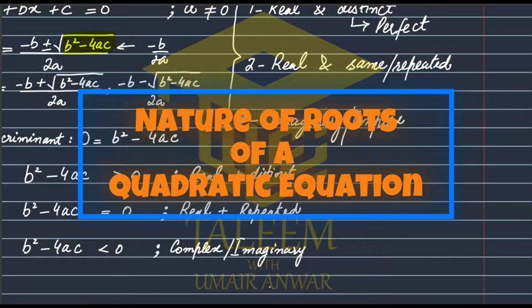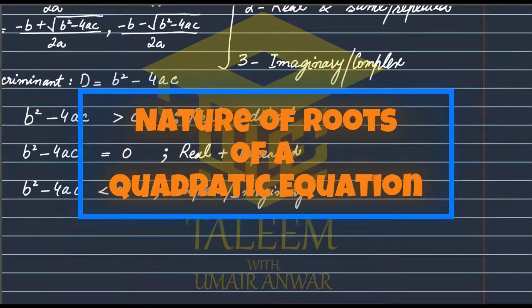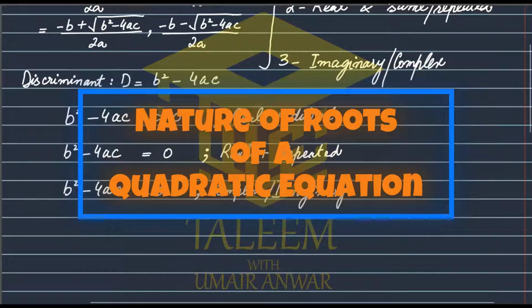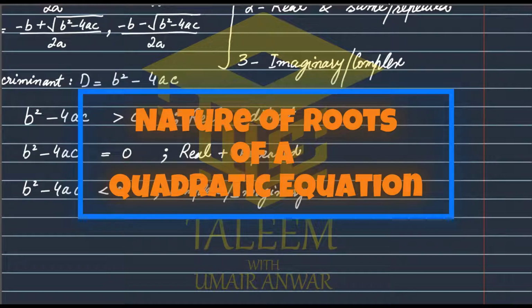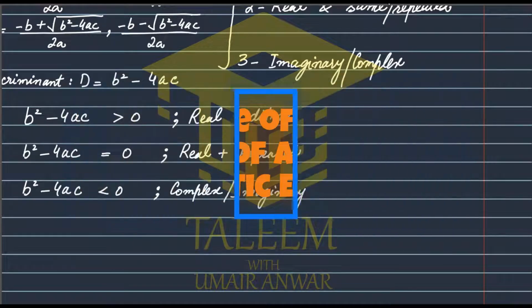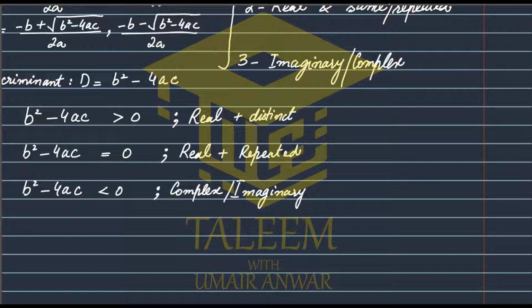Okay. Now, if we talk about the physical interpretation of the three cases, then as we know, the graph of the quadratic equation is either a cup down parabola or a cup up parabola.